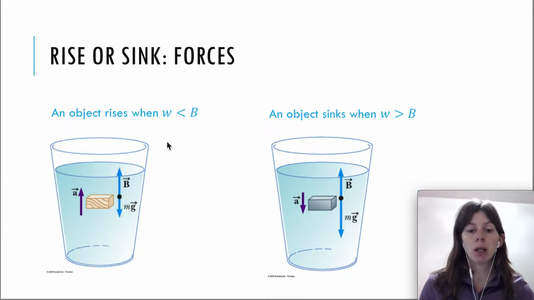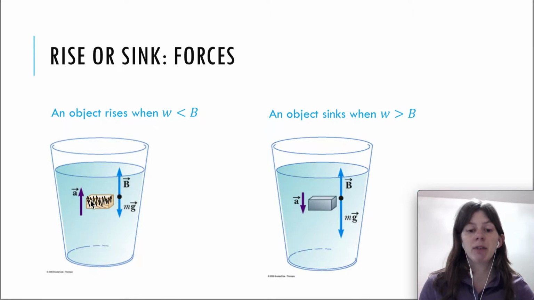So how do we know if the buoyant force is greater or smaller than the weight? Well, remember that the buoyant force has to do with the weight of the fluid displaced. So what's the weight of this liquid that is pushed out of the way by this object?